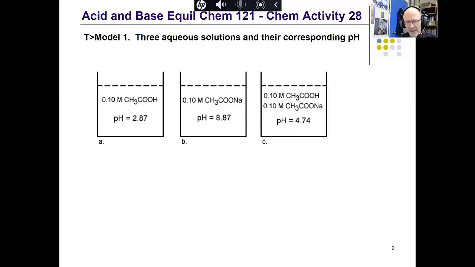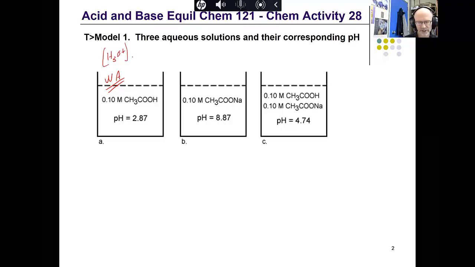So I'd like to highlight that in that first beaker, what we have is just a weak acid. And if you were asked to do a calculation to actually determine its pH, you could. We saw earlier that we can take a shortcut.